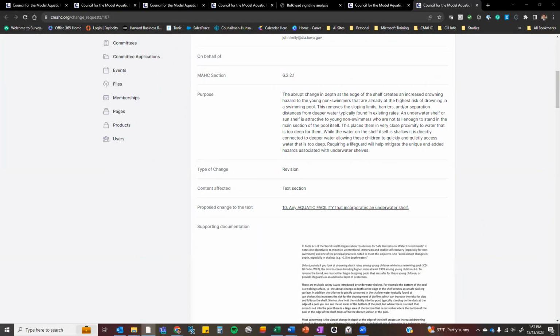It says 6.3.2.1.2 requires lifeguards for unsupervised children, so this adjustment would only add guards to facilities with supervised children. When is parental supervision not good enough? The underwater shelf is very commonly added to pools, and the majority are currently unguarded.